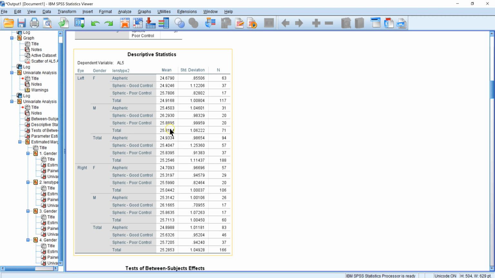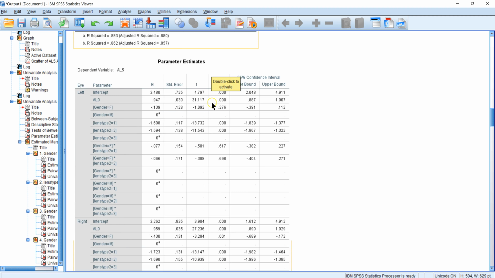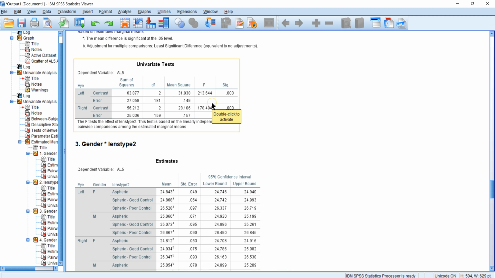Here we have descriptive statistics, and we're going to see how these change when we have our estimated means. For example, look at males spherical in the good control. That value is 26.29 compared to 25.45, a big difference. We go down to our estimated means.